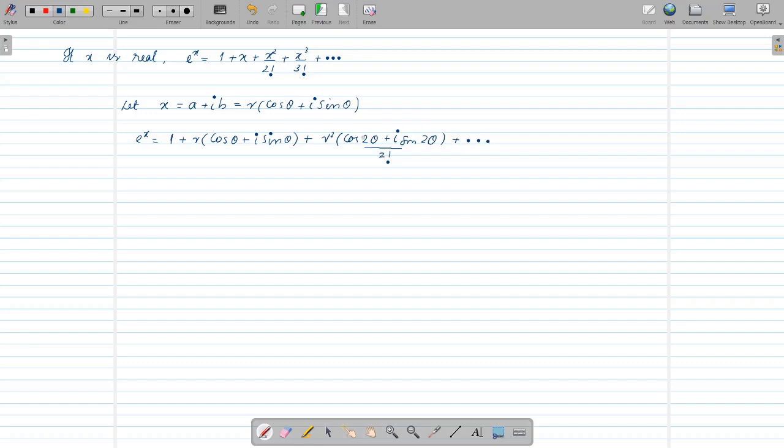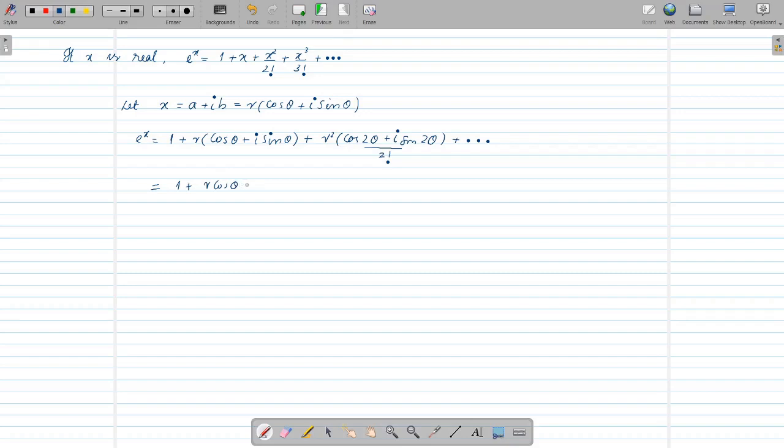This is because cos theta plus I sin theta whole raised to 2 is cos 2 theta plus I sin 2 theta, for real values. Since this theta is real, we can write the whole square of this quantity as cos 2 theta plus I sin 2 theta, and so on. So this can be simplified as 1 plus r cos theta.